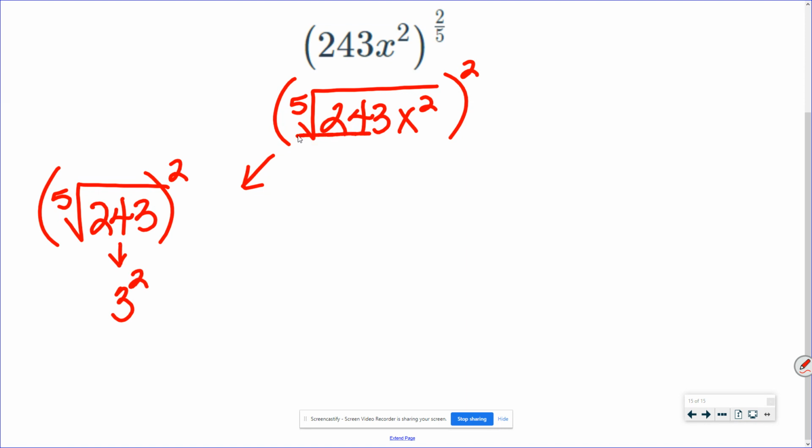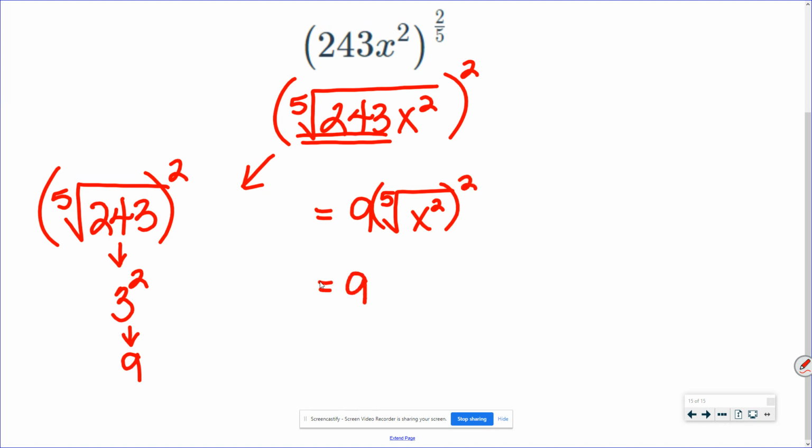So all of this with the numerical value, the coefficient, ends up equaling 3, and 3 squared is equal to 9. So we can rewrite this expression as 9 on the outside, and then we would have the fifth root of x squared, and that still gets raised to the second power. One more thing to make this look nicer is you may want to multiply the power on the inside times the power on the outside. It's kind of like applying the power rule, just in a different manner.